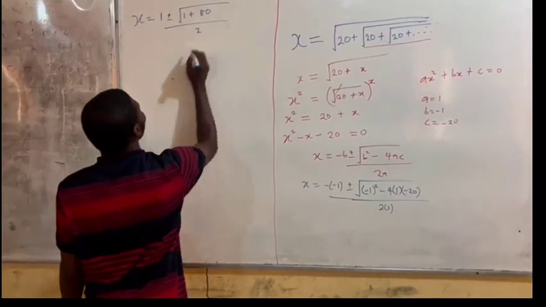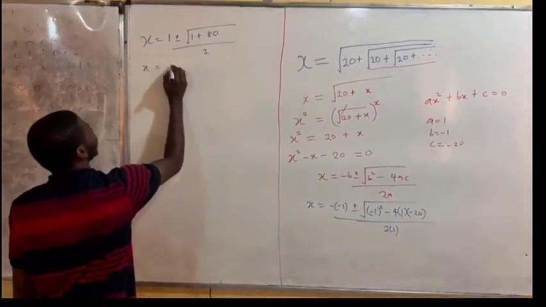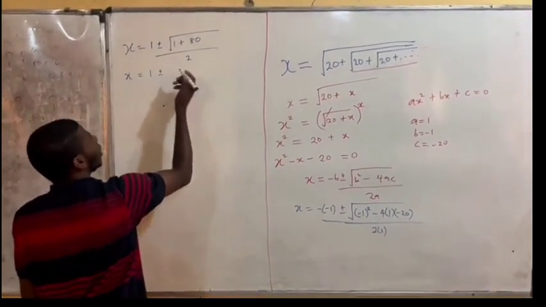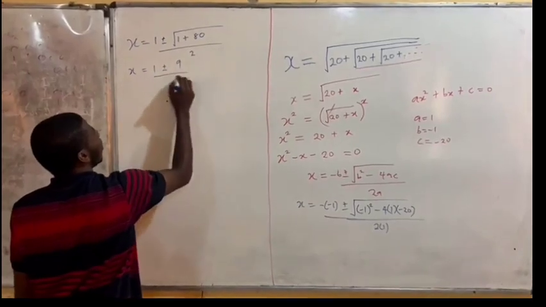Then x equals 1 plus or minus the square root of 1 plus 80, which is 81. The square root of 81 is 9, over 2.